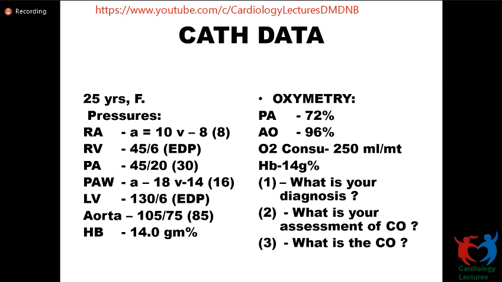So then the LV pressure is 130 and 6 is the EDP. So if we take mean LA pressure as 16, there is a significant gradient across the mitral valve. No, there is no LA pressure here. Sir, that's why I'm assuming the wedge pressure as the LA pressure. Okay, very good.